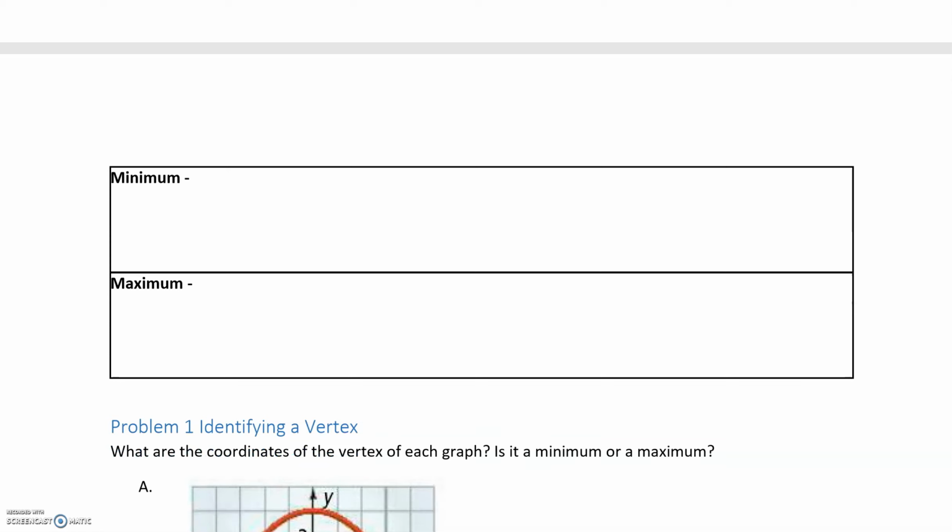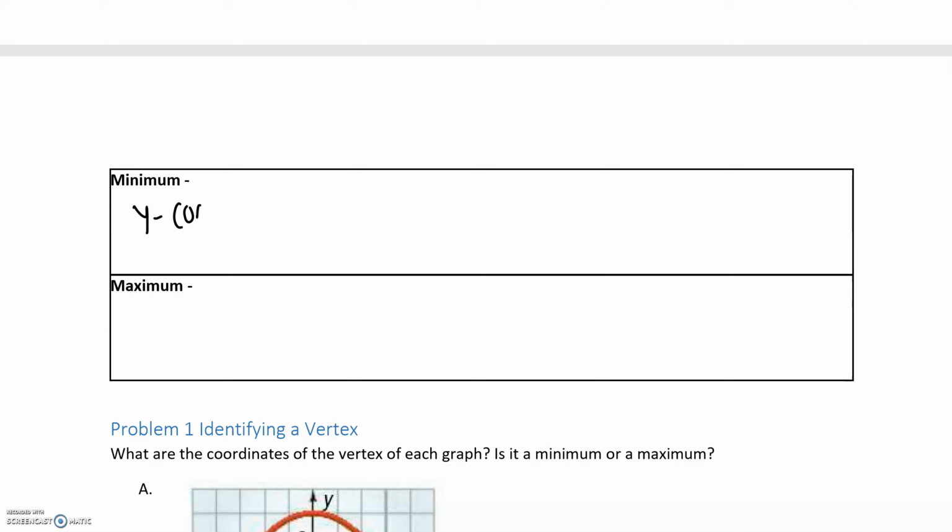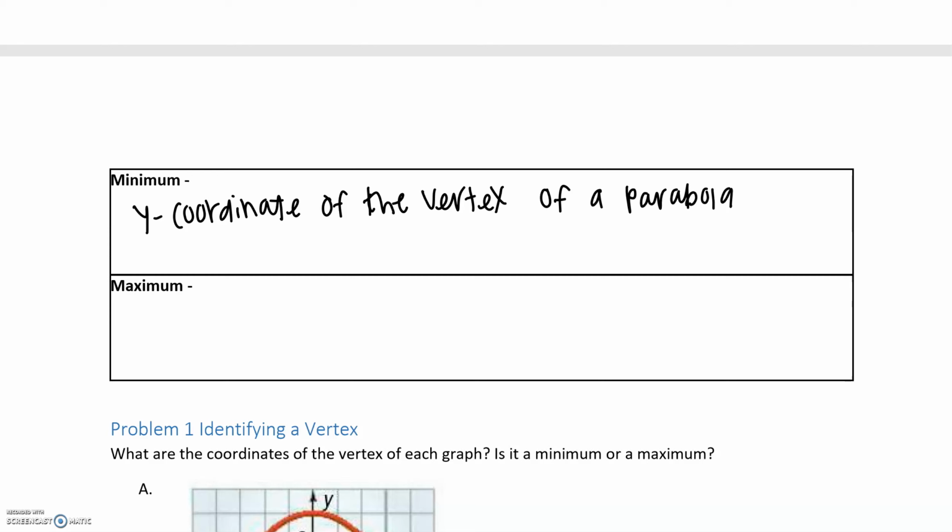Our minimum is going to be the y coordinate of the vertex of a parabola that opens upward. So our minimum is just like the lowest point of our valley.